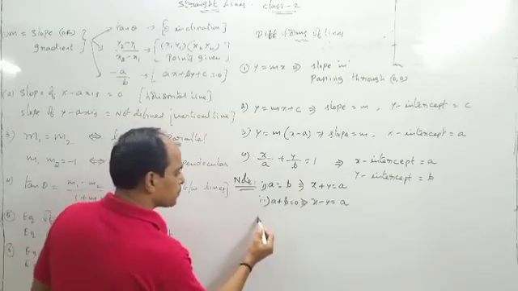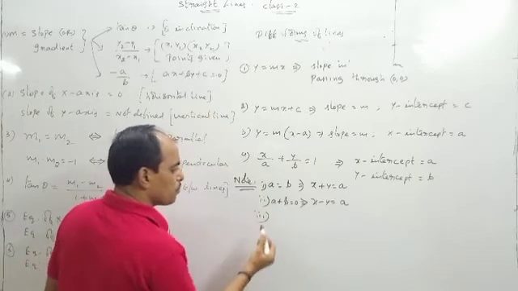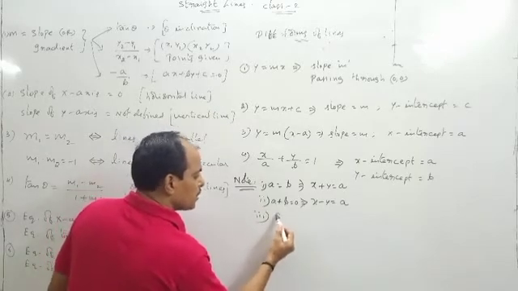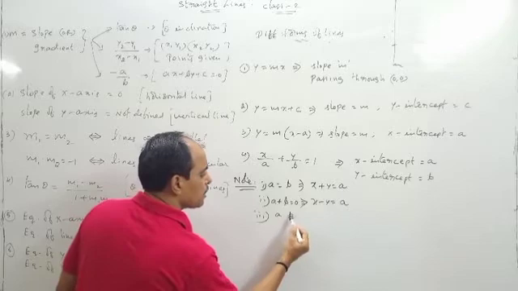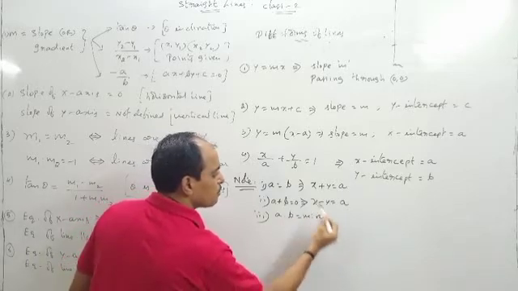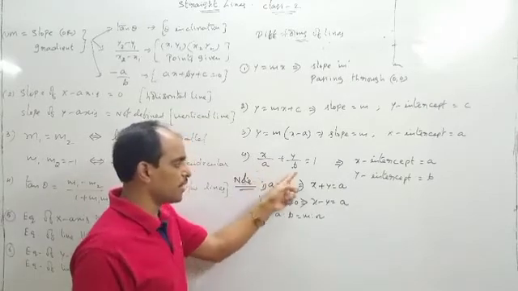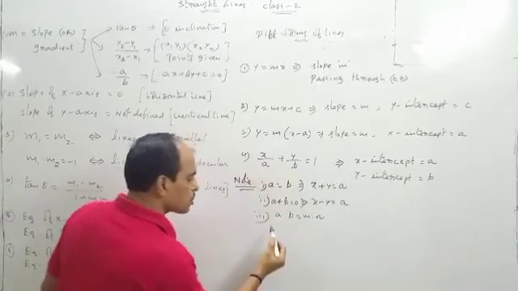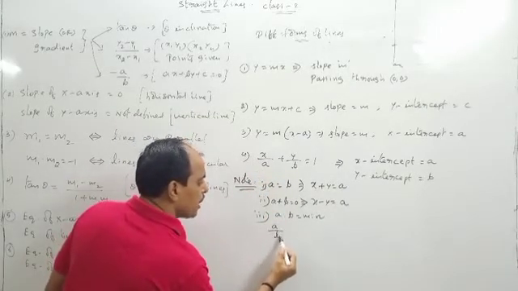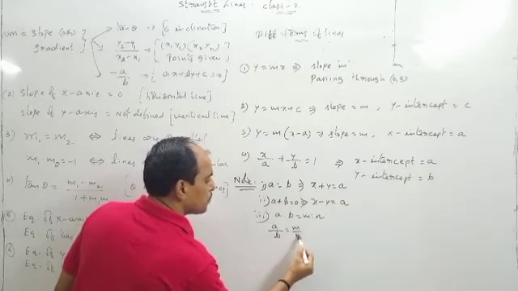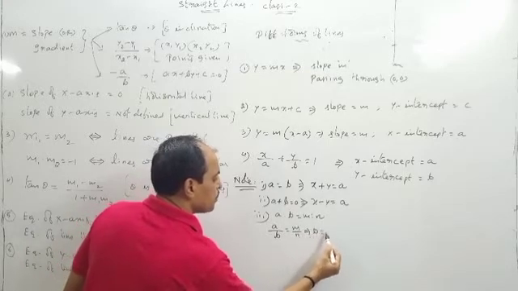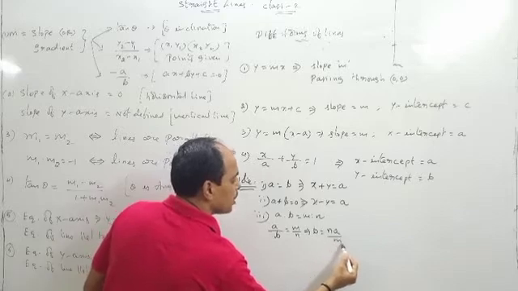Next, the third point. Suppose a is to b equals m is to n. Then the ratio of the x-intercept to the y-intercept is m is to n. That means a by b equals m by n. Now we can write b equals na by m.